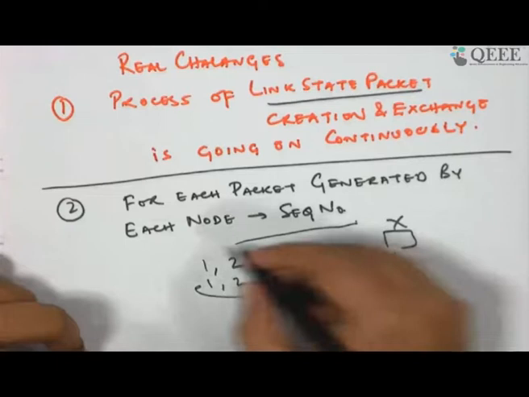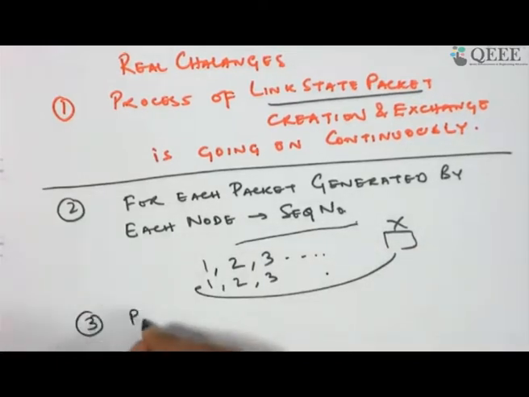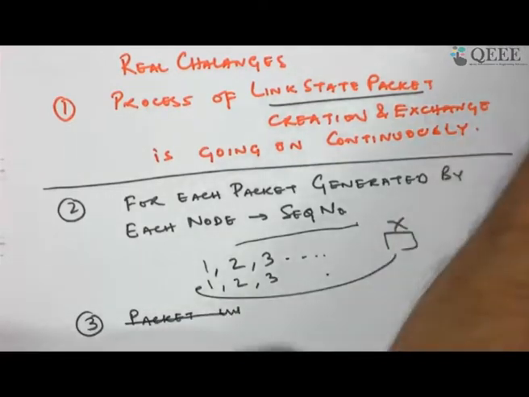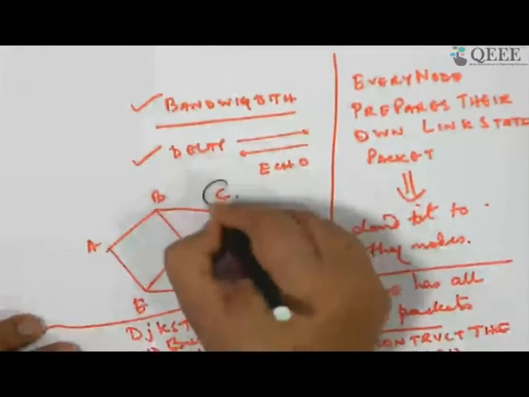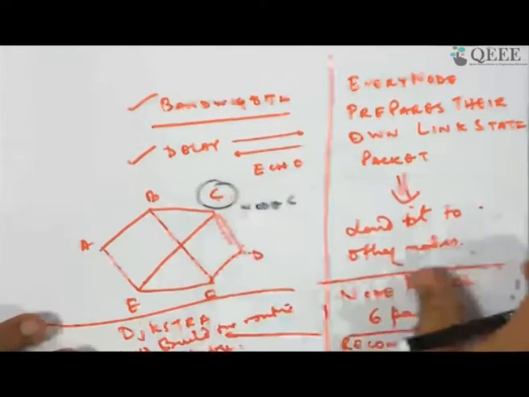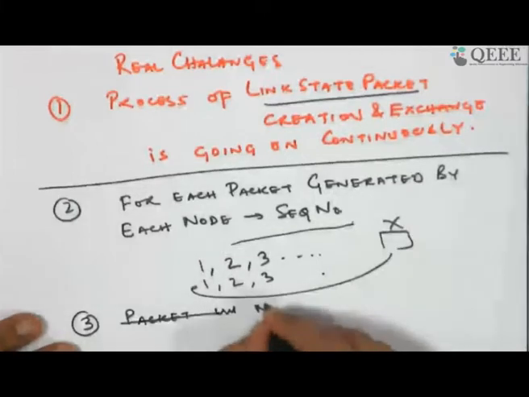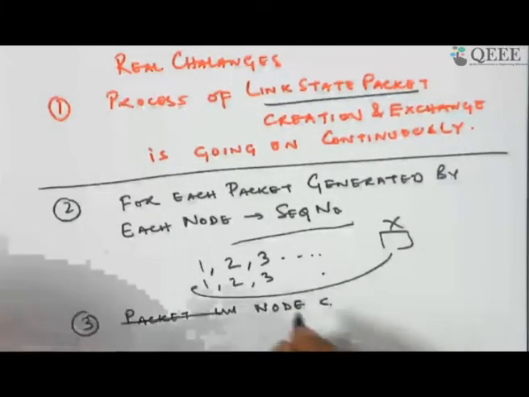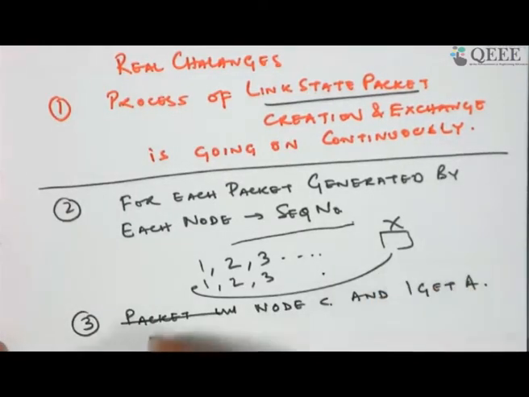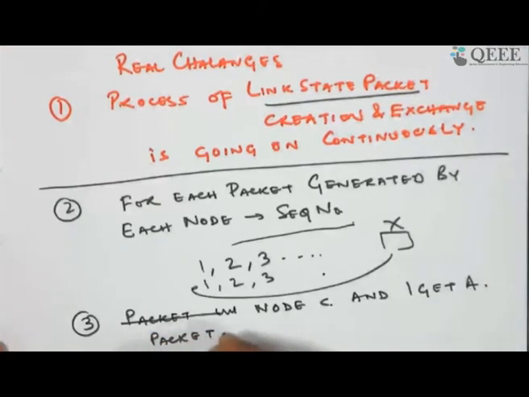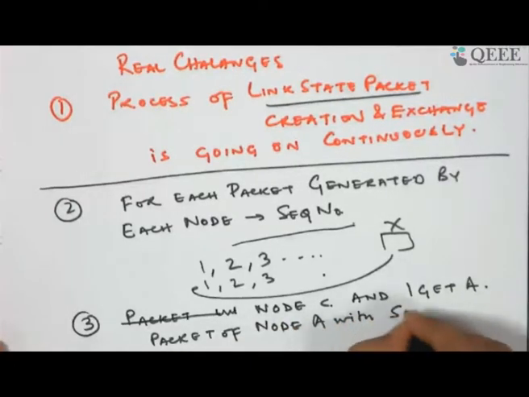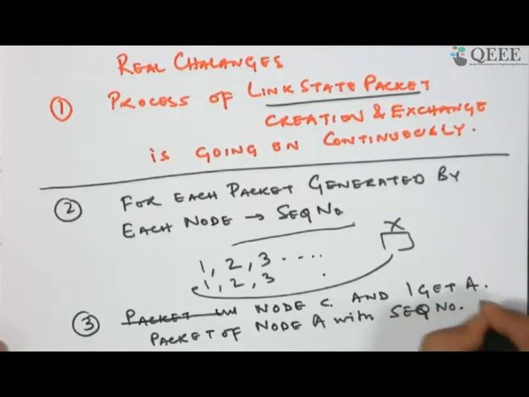Because say I am node C, and I get a packet of node A with sequence number, say, 15.